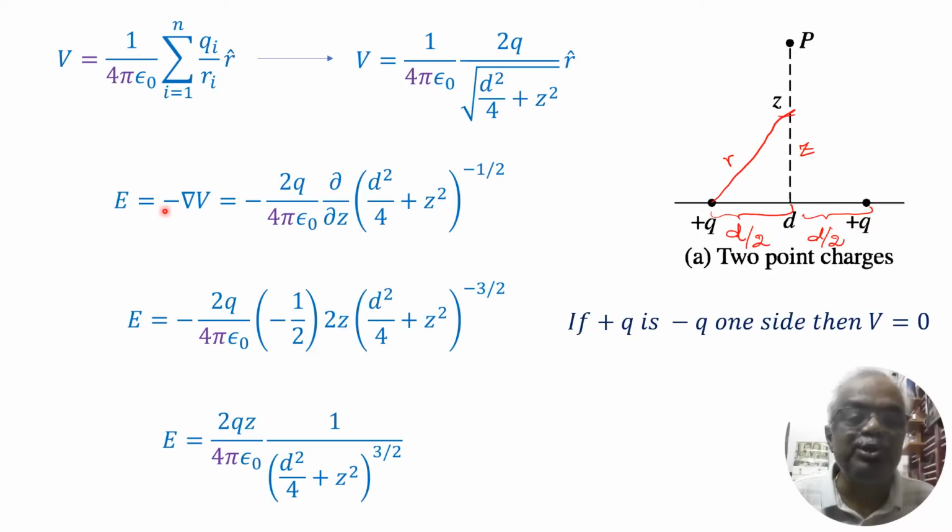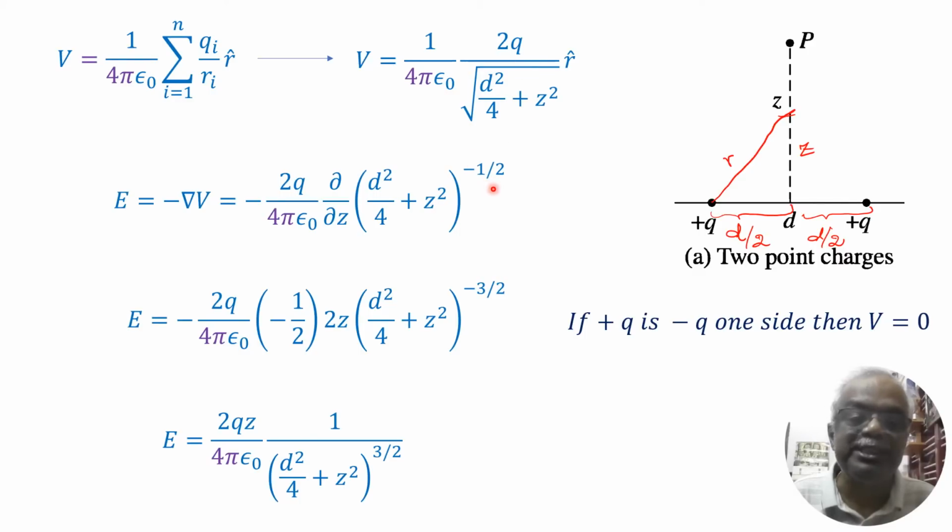The electric field is equal to the negative gradient of the potential. Now take this potential and take out all the constants, that is minus 2q over 4 pi epsilon naught. You take the partial derivative with respect to z. So now I am writing only the one variable, the square root of t squared over 4 plus z squared, as a minus power, because it is in the denominator.